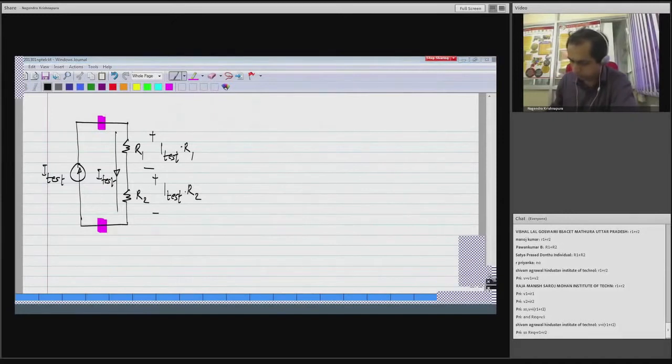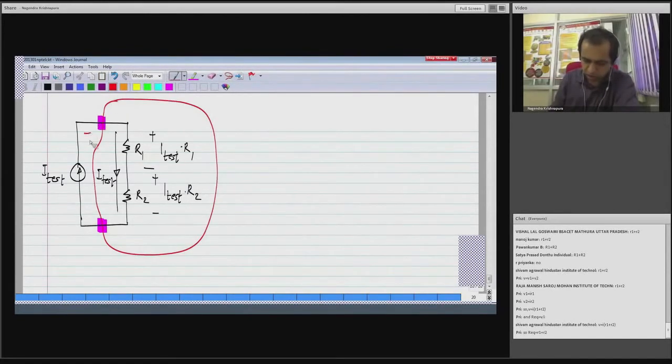So between these two terminals, I will have a voltage which is this plus that from KVL, because this voltage plus that voltage minus this voltage taken from bottom to top, that will be 0. So the voltage in this direction would be I test times R1 plus R2.